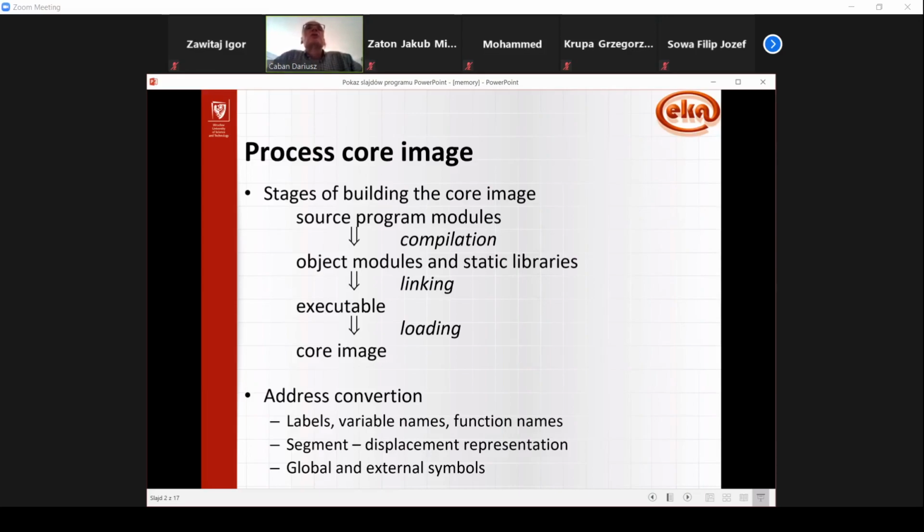And the important thing is that for the conversion purposes, there is a very nice distinction between the variables. If you have local variables, which can be used only locally in a single function or in a single module, then those names disappear during compilation.